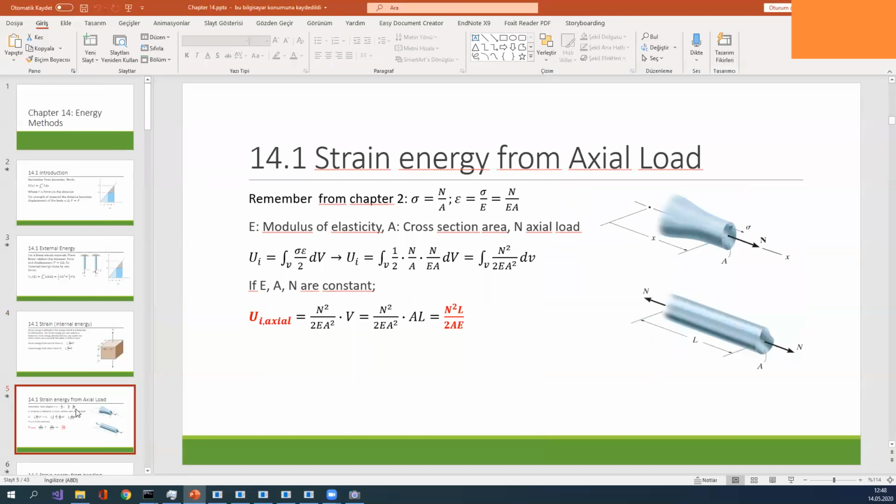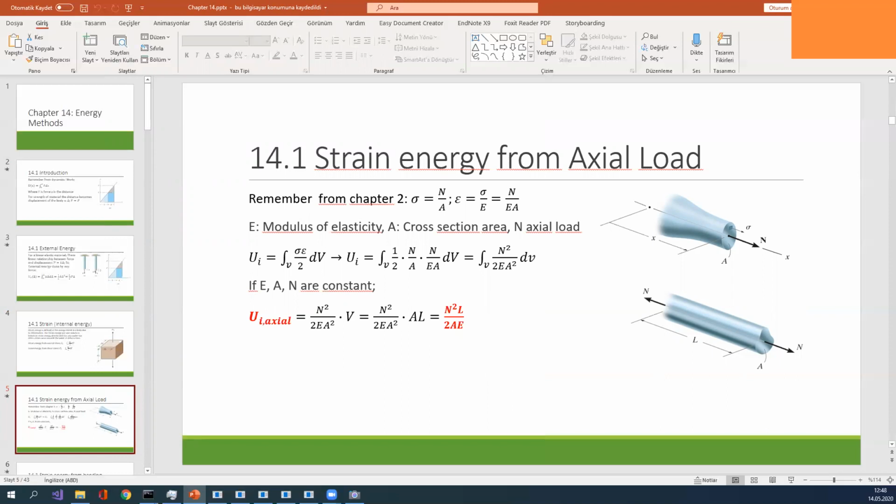First internal effect is axial load, because for each internal effect we have a different formulation, different force stress relationship. Therefore, the internal energy formulations can be changed from bending, axial load, and shear force, also torsion.